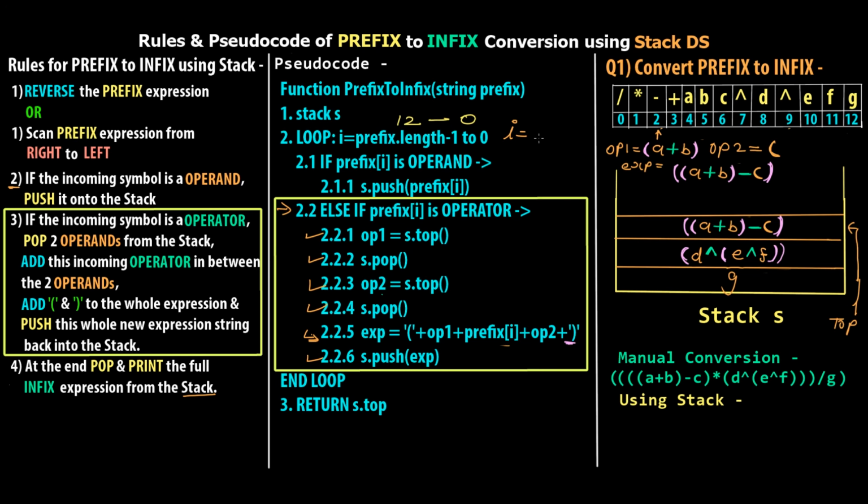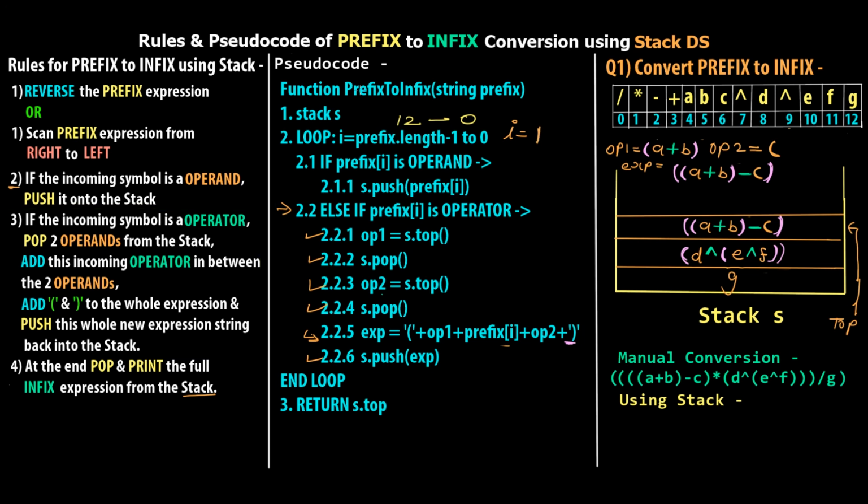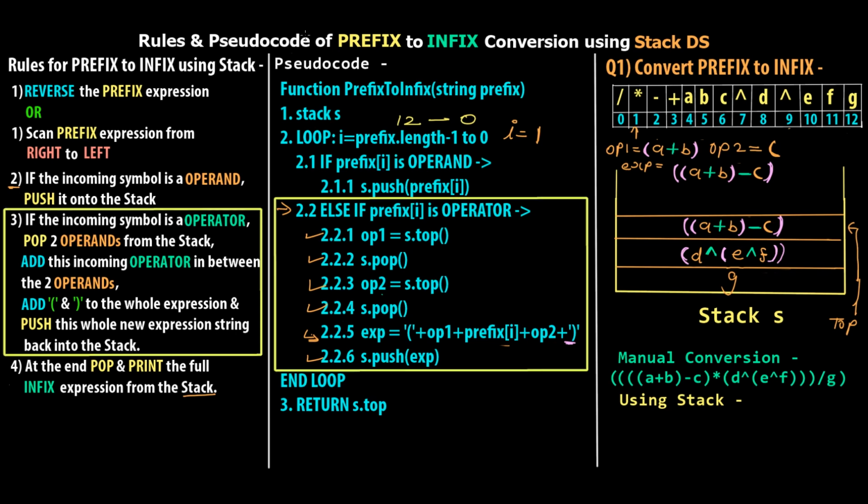I will now become 1. And again at index position 1 we have a star operator, which is again a multiplication operator. So again 2.2 is going to be executed, all these 6 steps. So let's do that. So in 2.2.1 we say OP1 is equal to S dot top. What is S dot top? S dot top is this current infix expression. So let's write that in OP1.